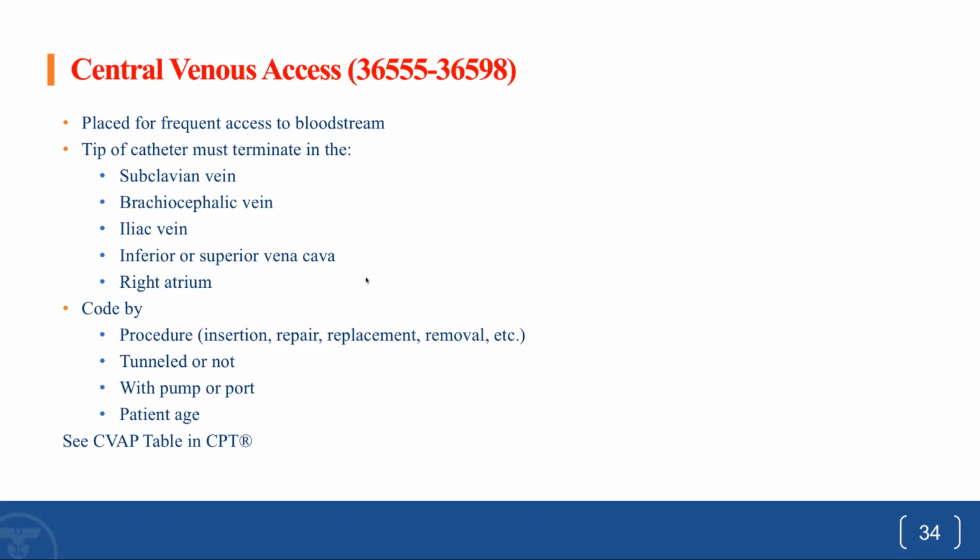And on page 235, on top of CPT code 36245, I want you to write the following terms: abdominal, pelvic, and lower. Okay. Abdominal, pelvic, and lower on top of CPT code 36245.